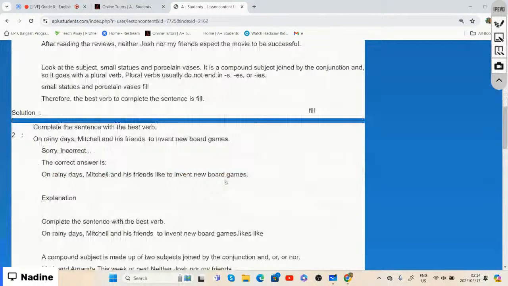On rainy days, Mitchell and his friends to invent new board games. We need to add the specific verb within that sentence.